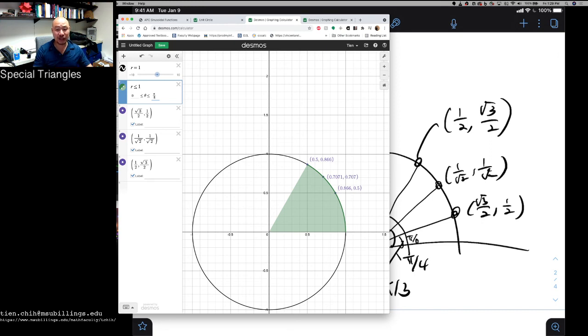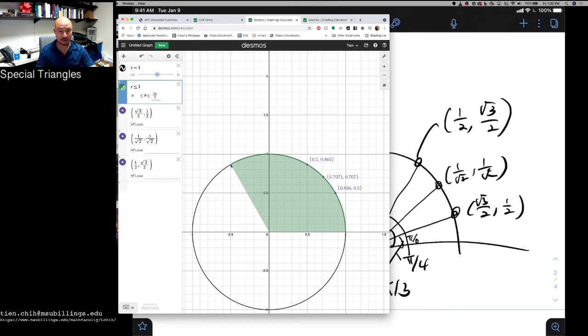Now you can just take these and reflect them to get values over here or in different quadrants. So for example, if I wanted to know what the angle would be if I were, say, at 2 pi over 3, right?